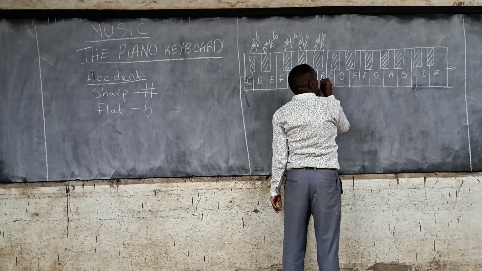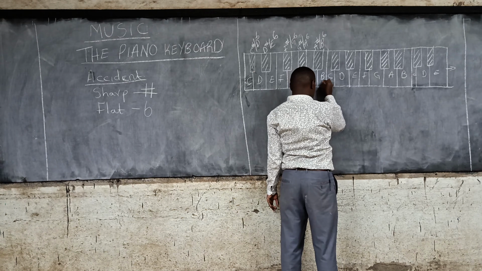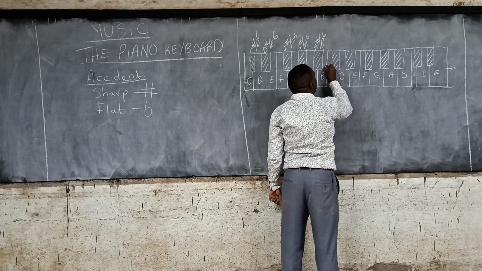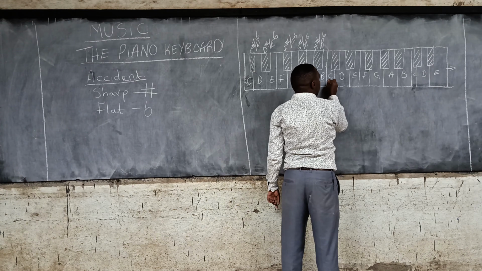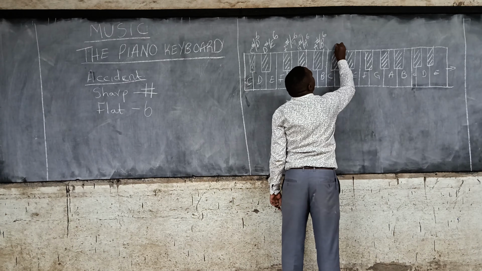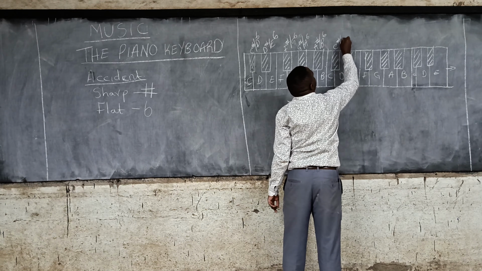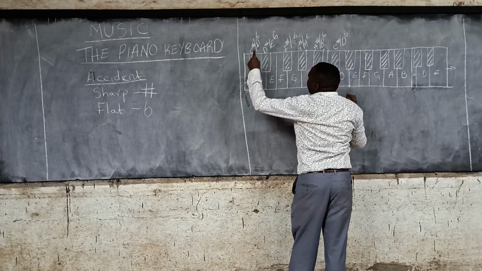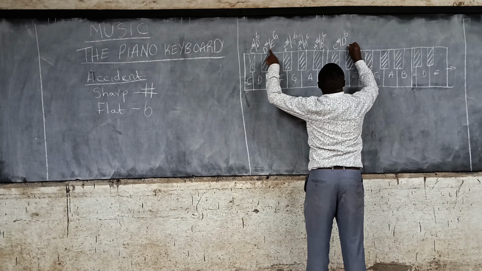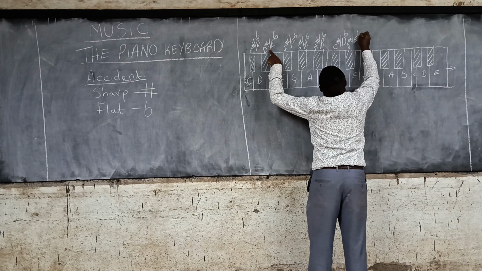Between B and C, there isn't a black key here. So from this, we move forward to C, and it will be C sharp. Then this coming back will be D flat, and we have started repeating ourselves. So this will be D sharp or E flat.